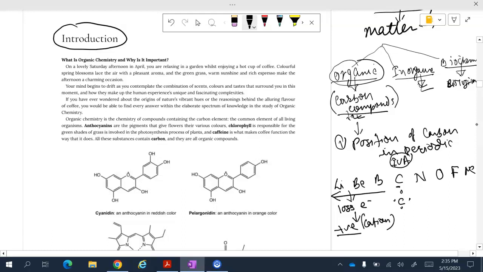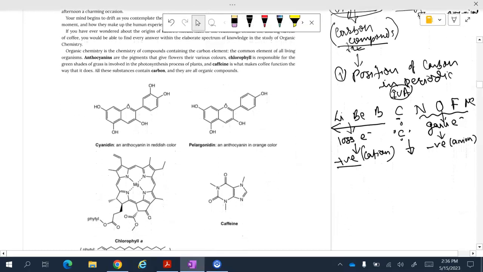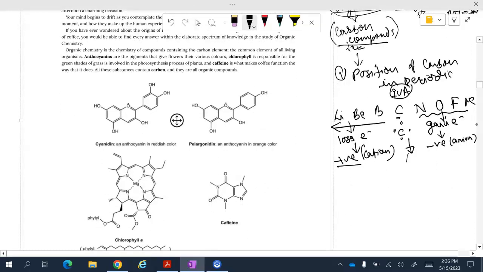On the right side, we have elements that have a larger number of electrons, so they will try to gain one or more electrons. Whenever they gain electrons, they form a negative ion, or anion. Now because carbon has 4 electrons, it will neither try to lose electrons nor gain electrons. Rather, it will share electrons.